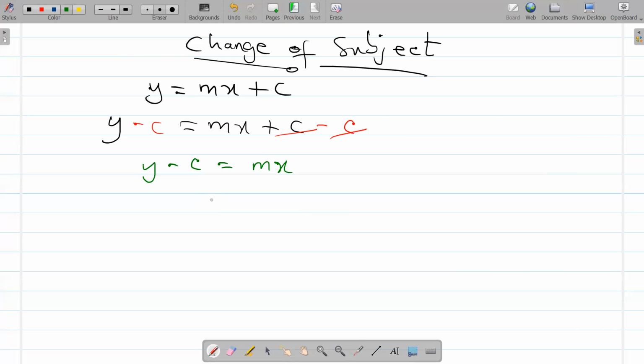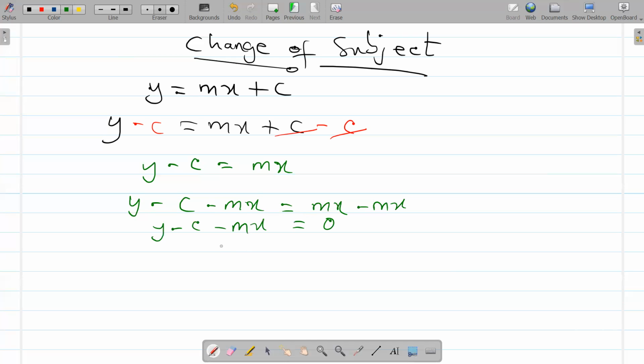Okay, so we're going to subtract mx again. So y minus c minus mx is equal to mx minus mx. Then we are going to get 0 here. It's equal to y minus c minus mx.